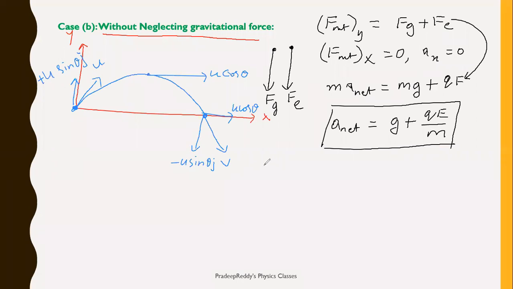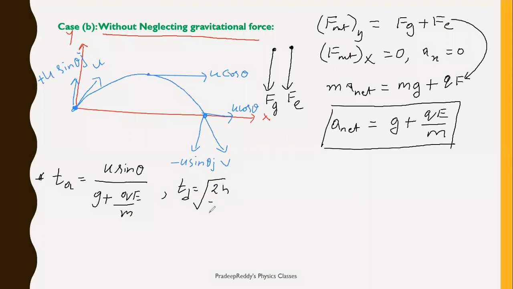So what we do: the equation for time of ascent is u by g, right? So it will be u sin theta divided by g plus QE by m, with g replaced. And time of descent is equal to under root 2h divided by g plus QE by m.